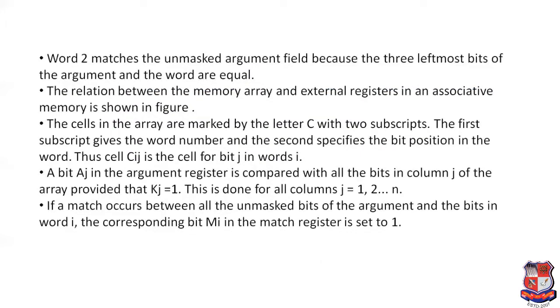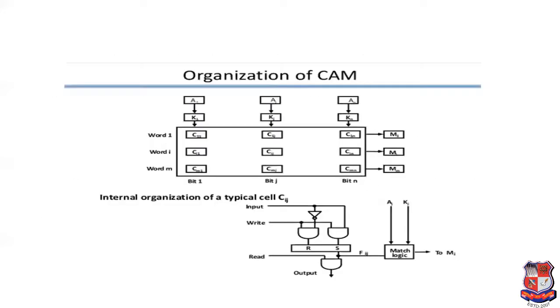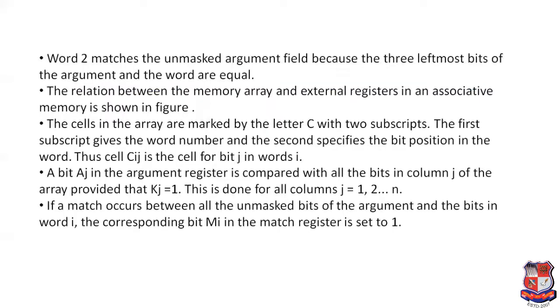Also, a bit Aj in the argument register is compared with all the bits in column j of the array, provided that Kj is equal to 1. That is, Aj is the argument register bits and Kj is the key register bits, 1 to n, where the A register has the size of n bits and the K register has the size of n bits, but the match register has the size of 1 to m, which is shown by the side of the words.